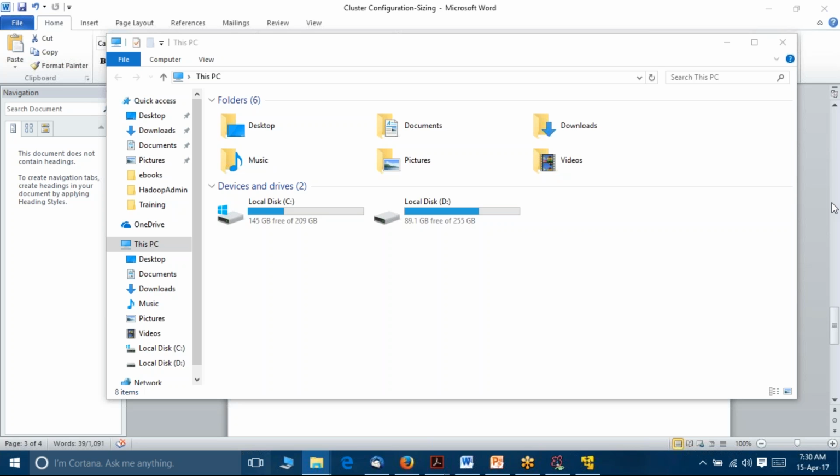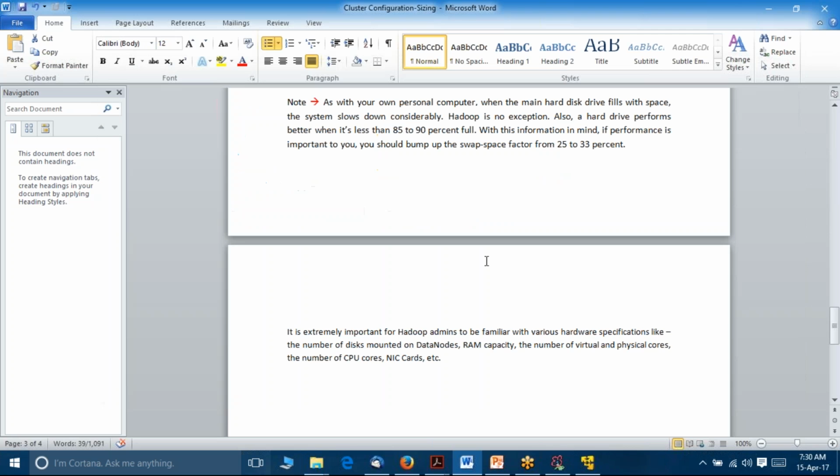Yes, Srinivas. The same is applicable even to this. As with your personal computer, when the main hard disk drive fills up, the system slows down considerably. Hadoop is no exception. A hard drive performs better when it is less than 85 to 90% full.